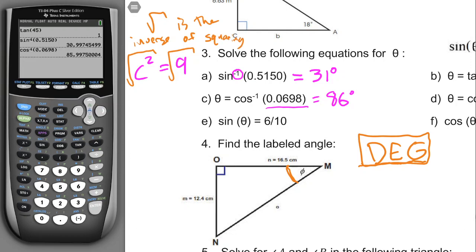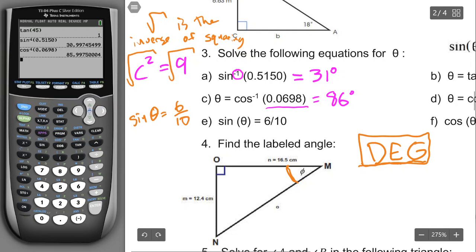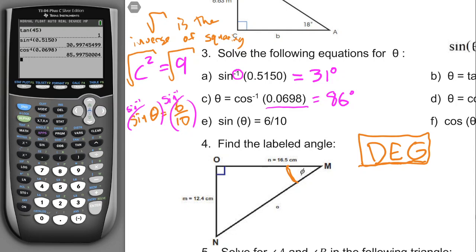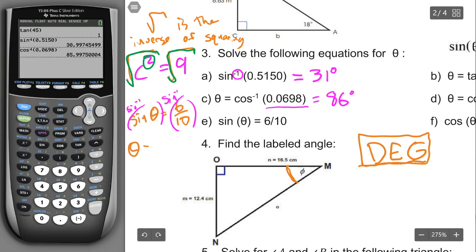So if you have sine of theta equals 6/10, what you need to do is sine inverse both sides, because sine inverse is the opposite of sining something. So just like we square rooted here, because square rooting is the opposite of squaring, here you need to sine inverse both sides, which gives us theta equals sine inverse of 6/10.